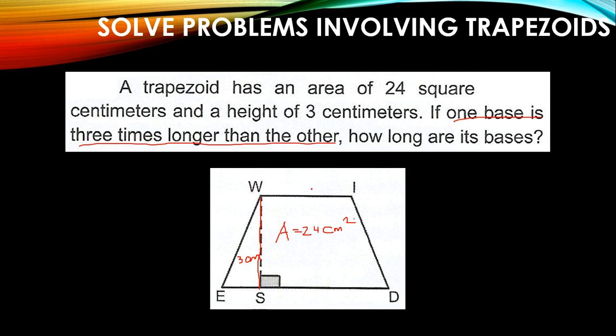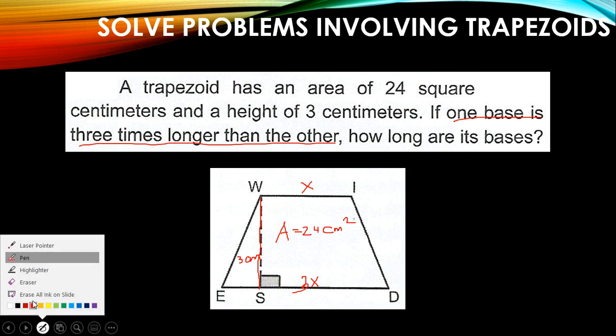Let's assume that this upper base is x, and one base is 3 times longer than the other. So it's very obvious that the lower base is longer than the upper base, and particularly it is 3 times longer. So that is 3x. Then, how long are its bases? So let's solve for the bases.